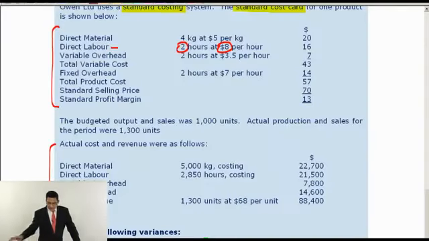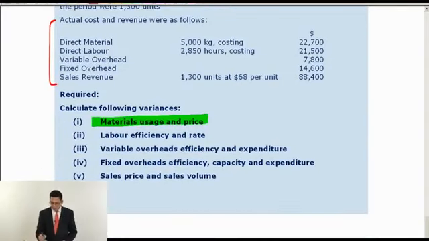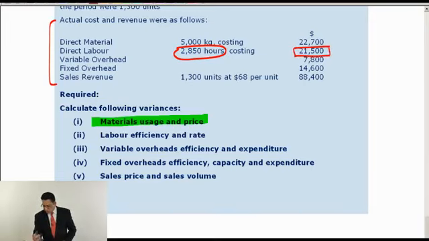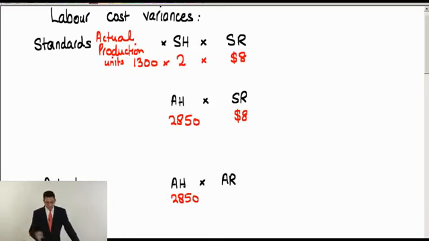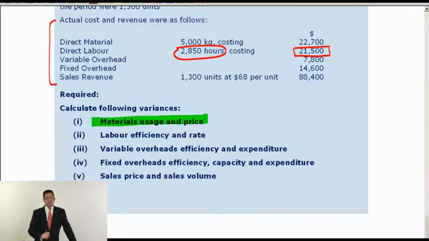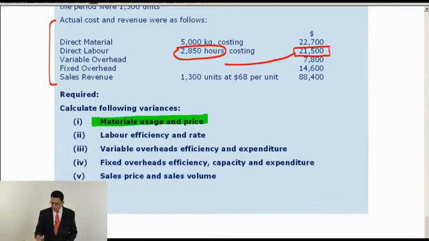Now I'm looking at the actual results about labor. Actual results about labor show that 2,850 hours were worked by the workforce, costing us $21,500. Can we now calculate the actual rate paid to the workforce?